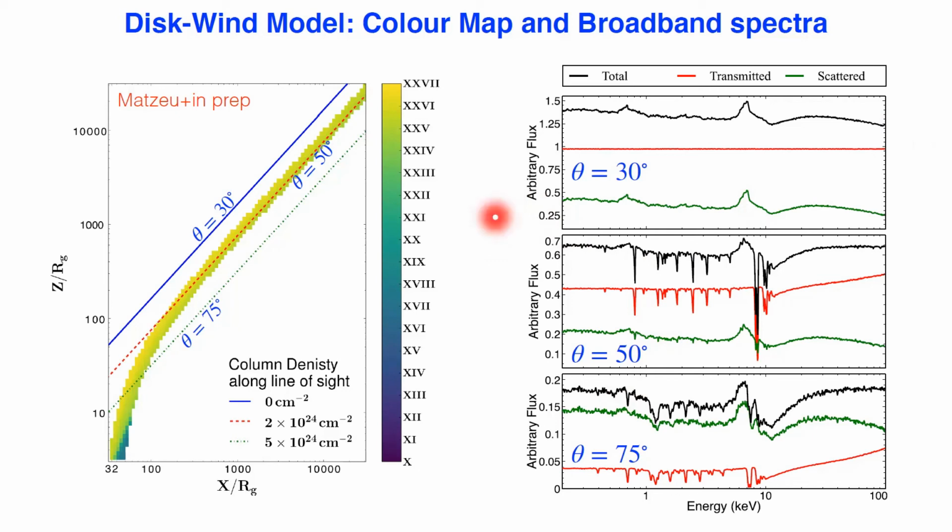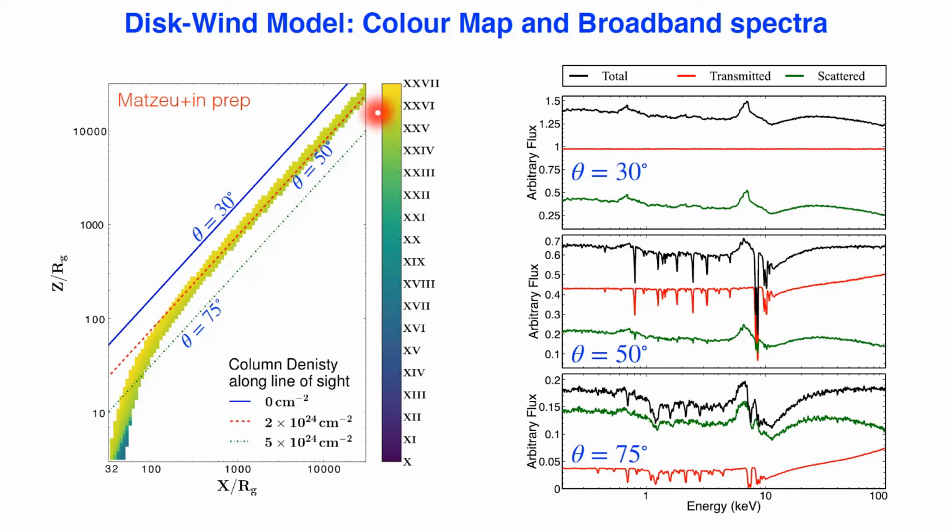I used this model to model a source which is considered a bare AGN, TON S180. And I can see that the wind is there, but is out of the line of sight.